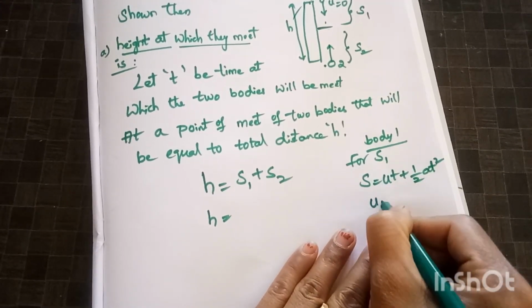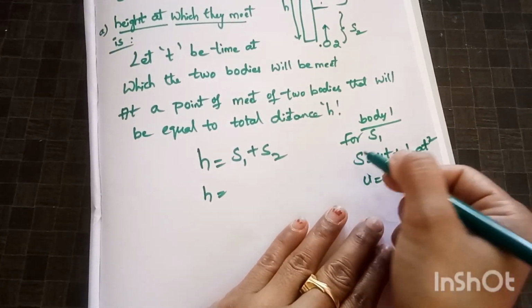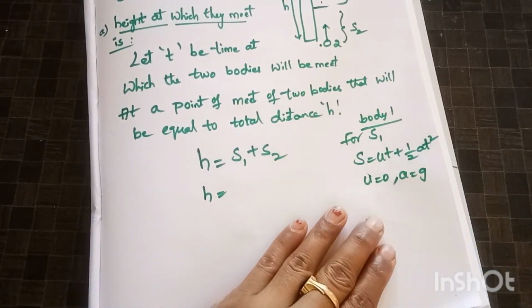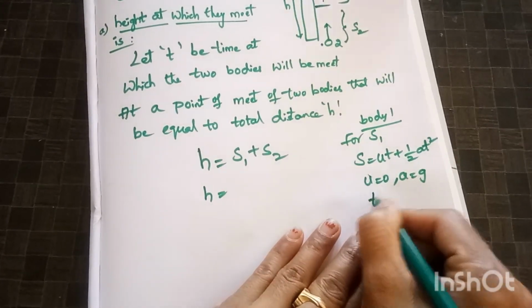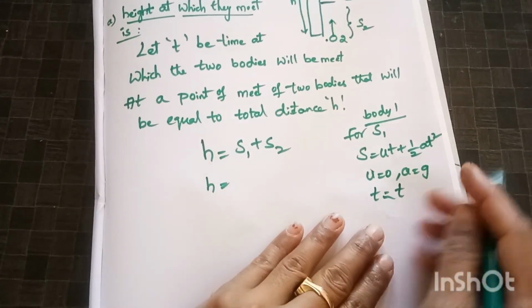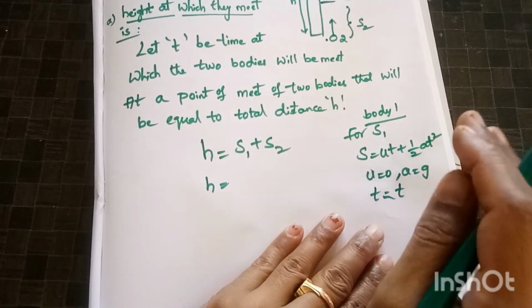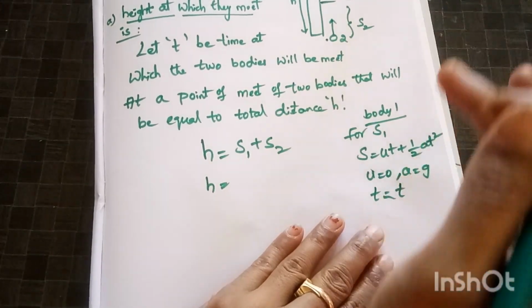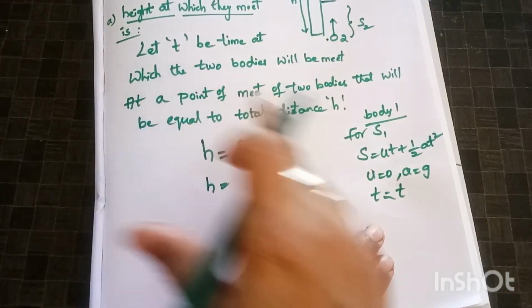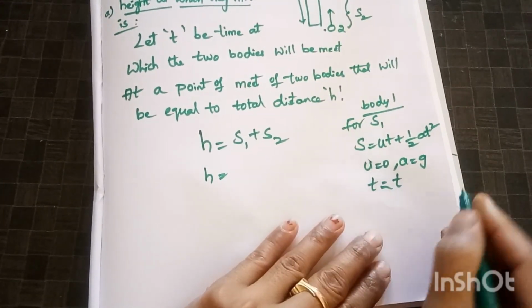For free fall u equals 0, a equals g, and time as t. Why am I taking time t here? At the time t they are going to meet, so we are taking time as t itself. This is the time of meet.